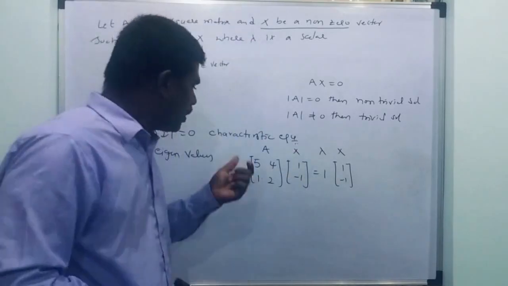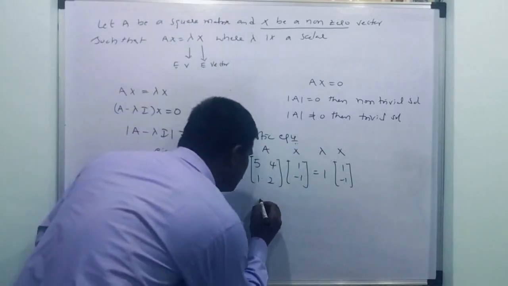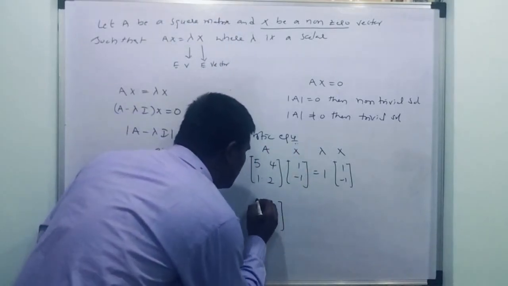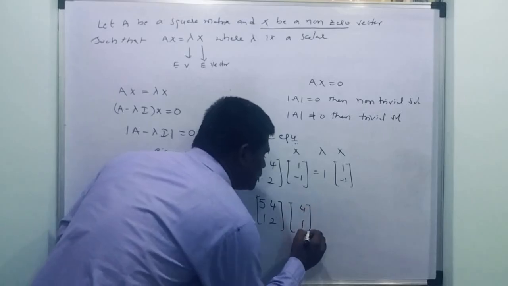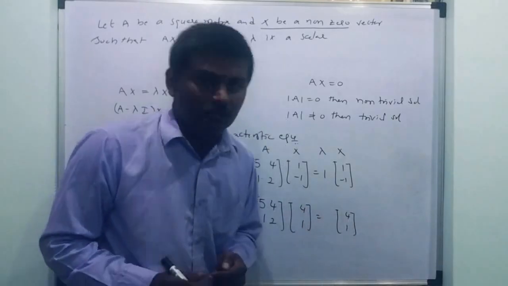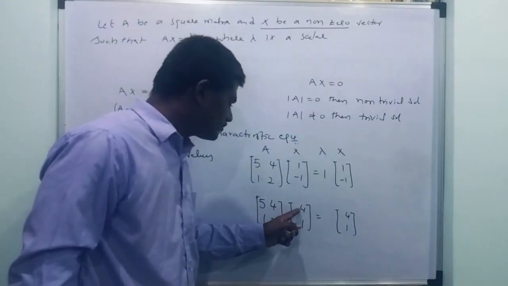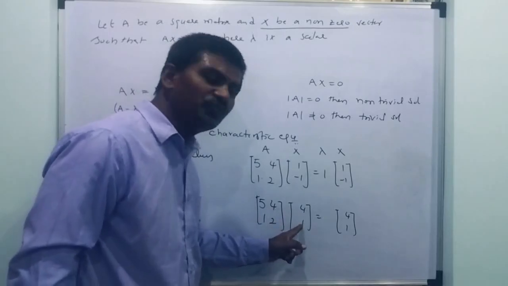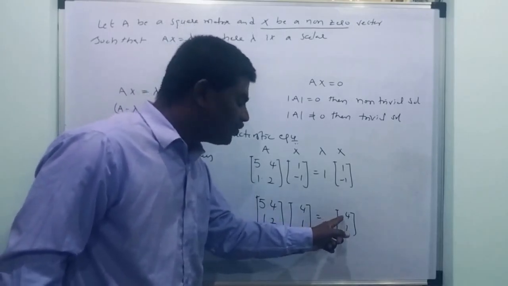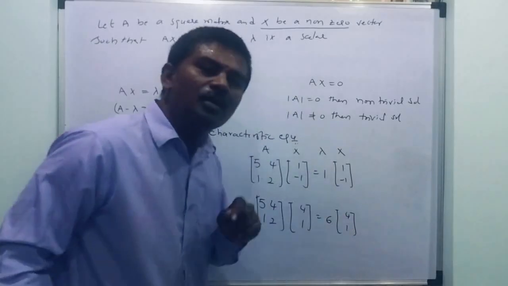And you can see one more eigenvalue and eigenvector for the same matrix, which are 5, 4, 1, 2 into 4, 1 is equal to something into 4, 1. You can find it from this one. 5 4s are 20 plus 4, 24. 24, how can you get it? By multiplying with 6. 6 4s are 24.